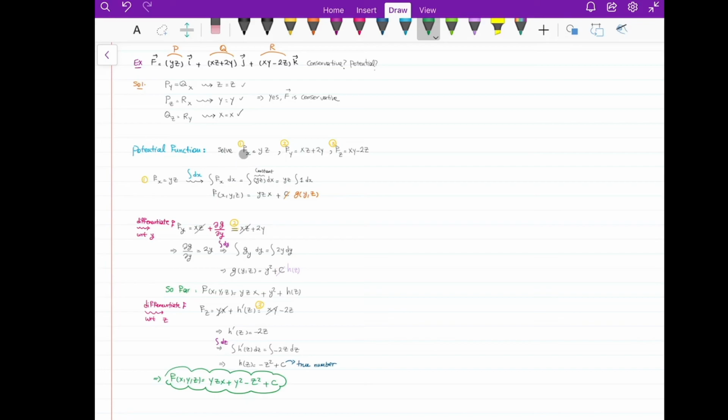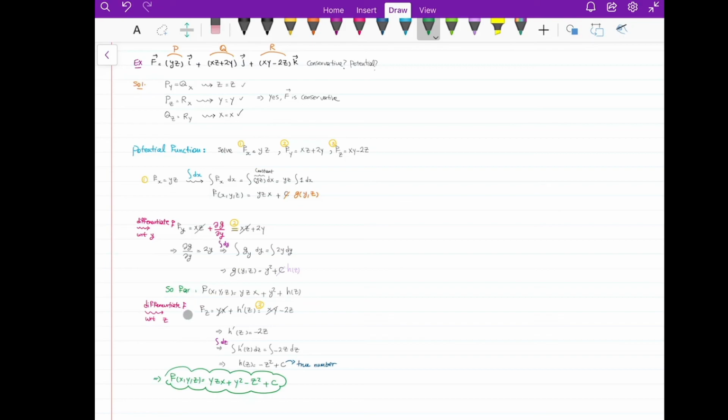You need to solve fx equals p, fy equals q, and fz equals r, the third coordinate, and then you just start taking the antiderivative with respect to x, and then find the constant c is a function of the other two variables, differentiate that with respect to the second variable to be able to use the second equation, and then you get a function of the third variable as your constant.